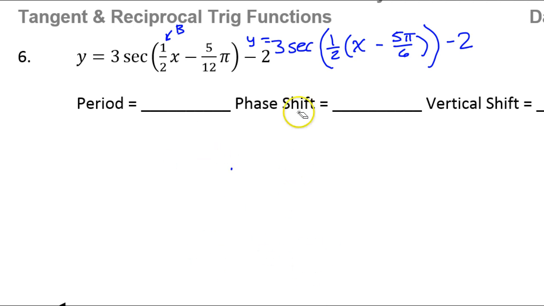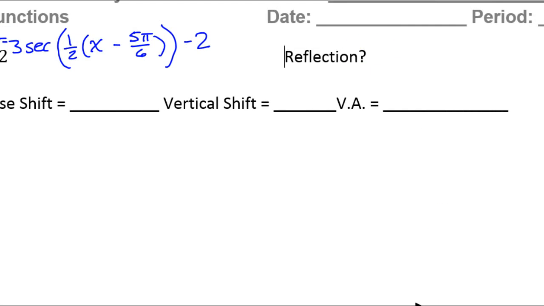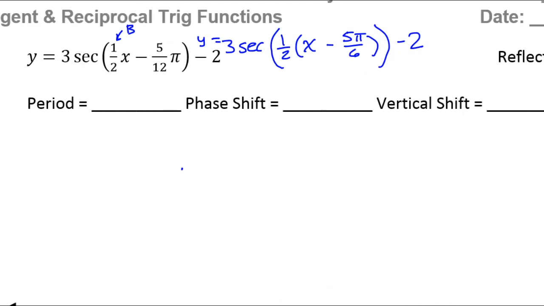Looking at the parts of this, the 3 has no negative in front of it, so there is no reflection, which is one of the things that we're being asked. The period is always the normal period divided by the b value.